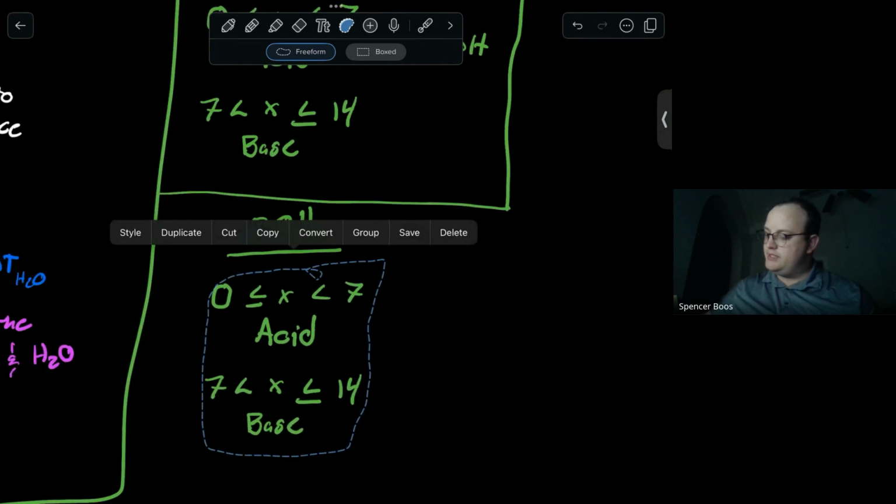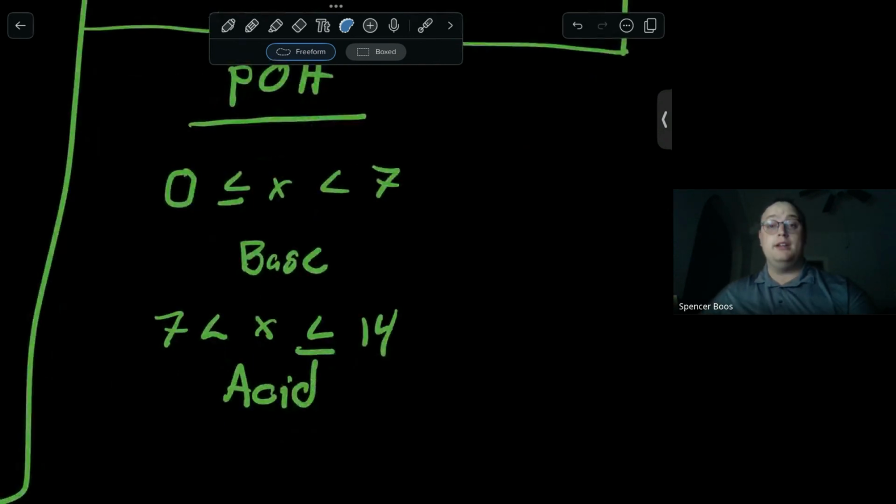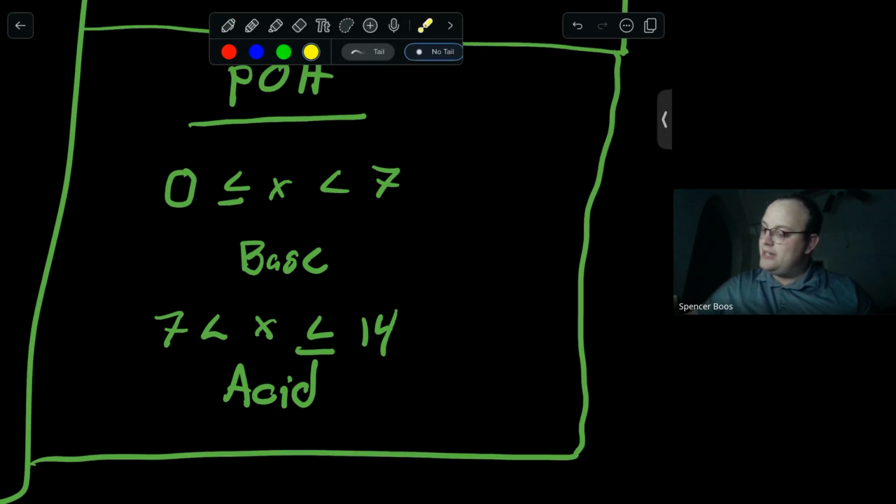If it's between 0 and 7, including 0, not including 7, it is a base this time. But if it's between 7 and 14, it is an acid. That is not including 7, but is including 14. So again, as you can notice, it's the very same scale, even down to these markers here, just these guys are flipped. That's the only difference.